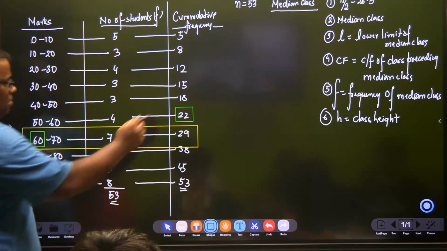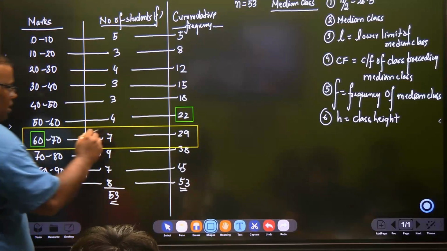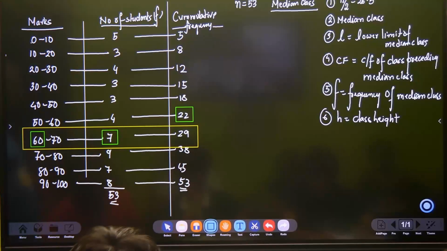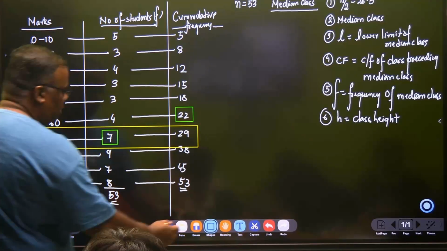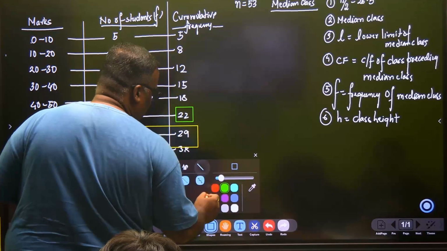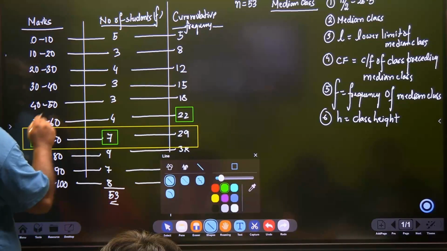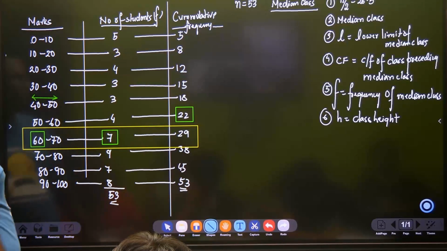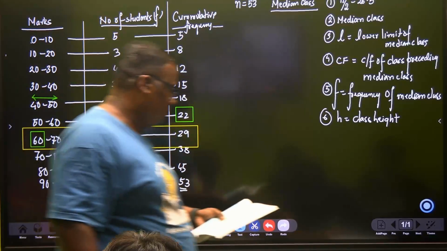These are the main things. Understood? And you also need the class height. The class height is the difference between the limits, which is in your case 10, right?